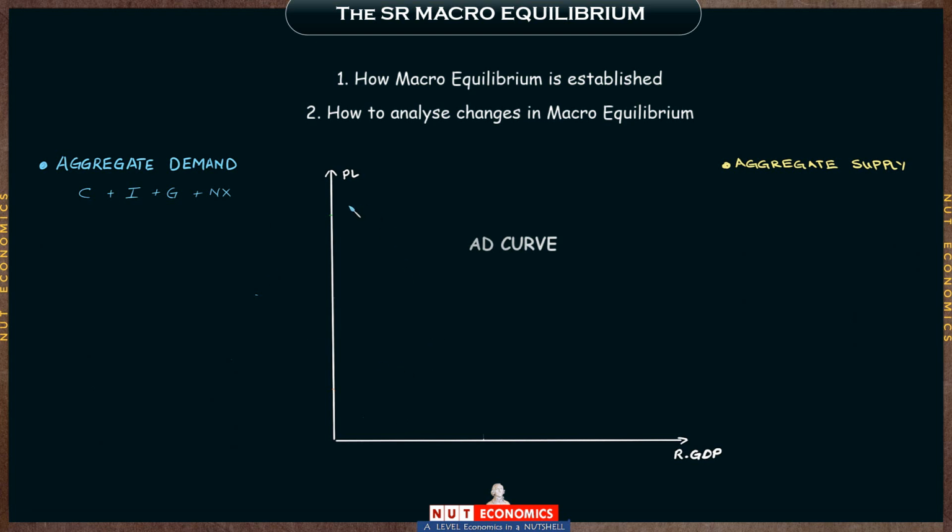And what we learned was that the aggregate demand curve is downward sloping, which reflects the fact that there is an inverse relationship between price levels and the amount of aggregate demand for the country's total output. That is, if price levels fall, aggregate demand increases, and if price levels increase, aggregate demand falls.